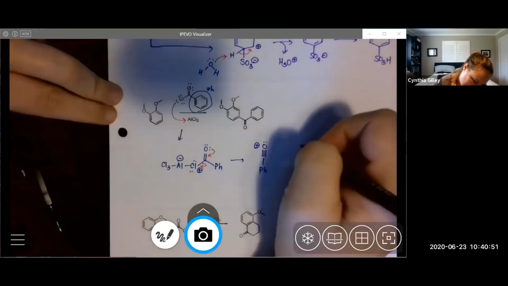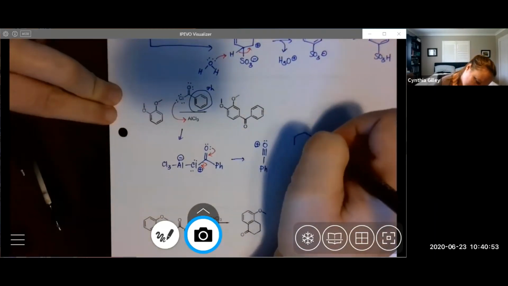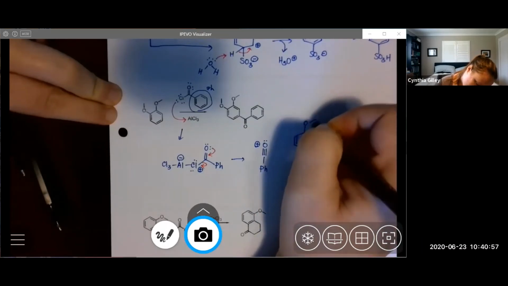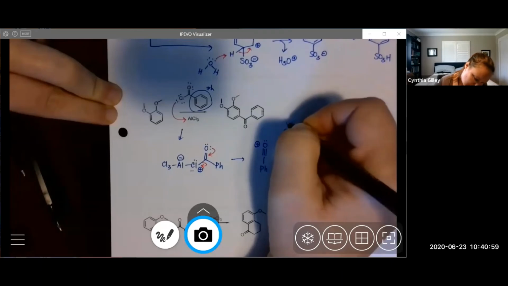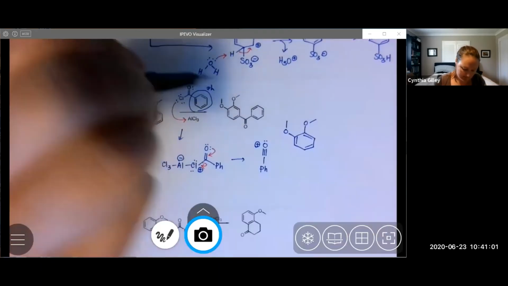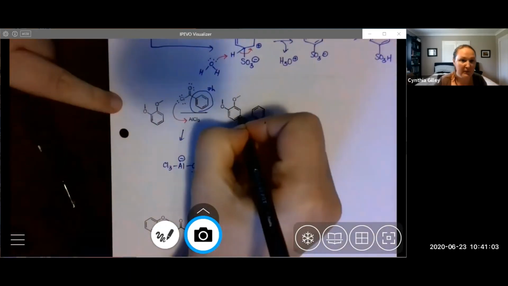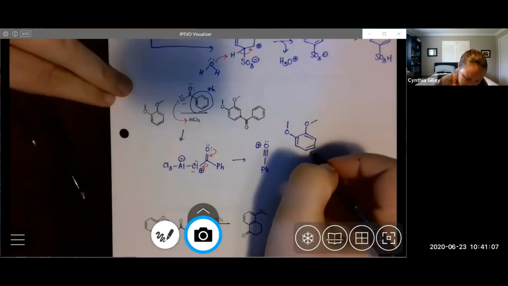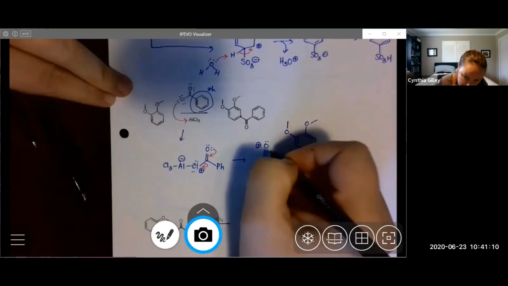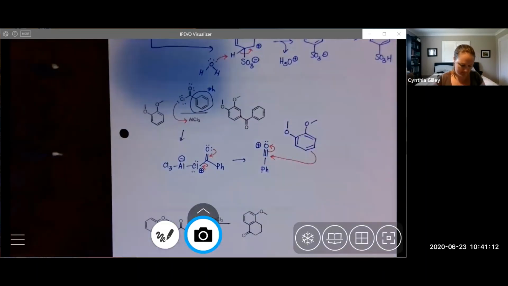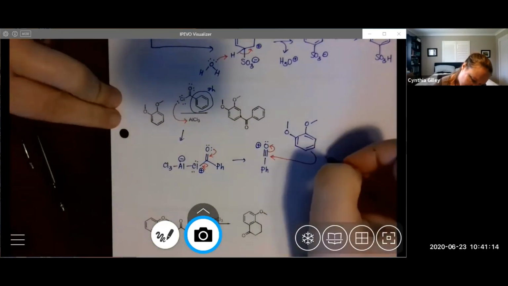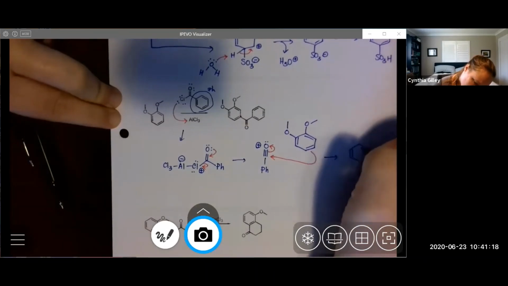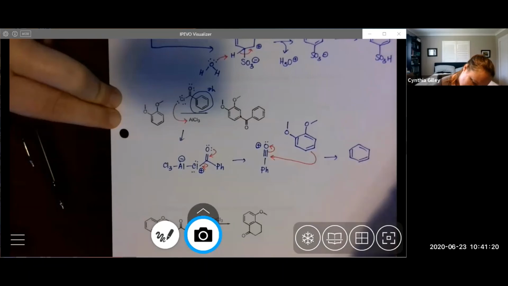Now I can show my aromatic ring doing its nucleophilic attack. Note where the acyl group needs to end up, that carbon. So we're going to go ahead and use this pi bond for the nucleophilic attack. Oops, I wasn't supposed to draw that.